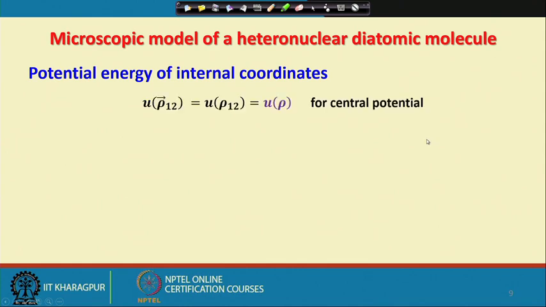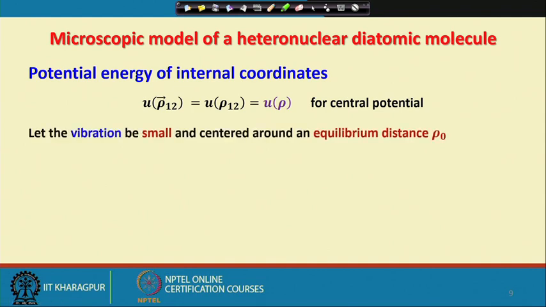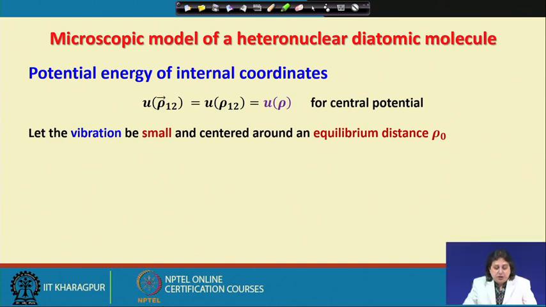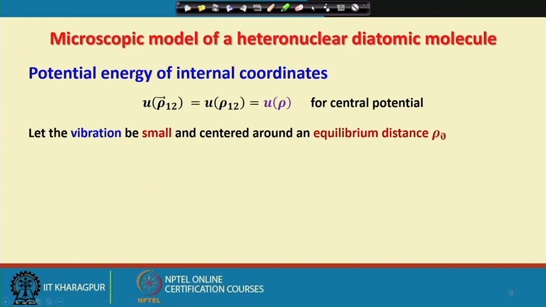Now, the potential energy usually depends only on the magnitude of the vector for central potentials. Okay? So, let me assume that the vibration is very small for this chemical bond, and it takes place around an equilibrium distance of rho naught.